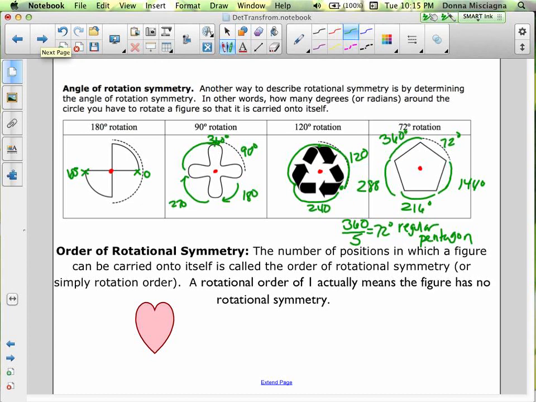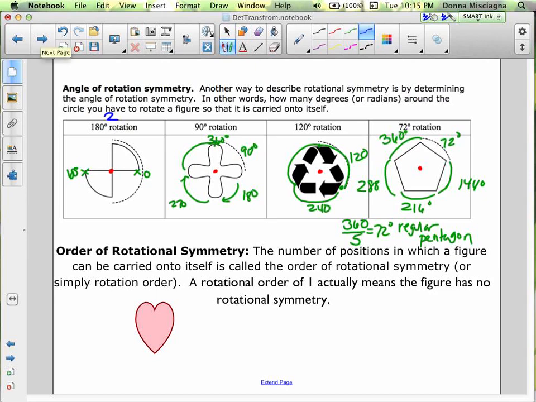But last thing is order of rotational symmetry. Order of rotational symmetry is the number of positions in which a figure can be carried onto itself. And that's called the order of rotational symmetry, or simply rotational order. So let's take a look at our figures here. This has rotational symmetry of 2.